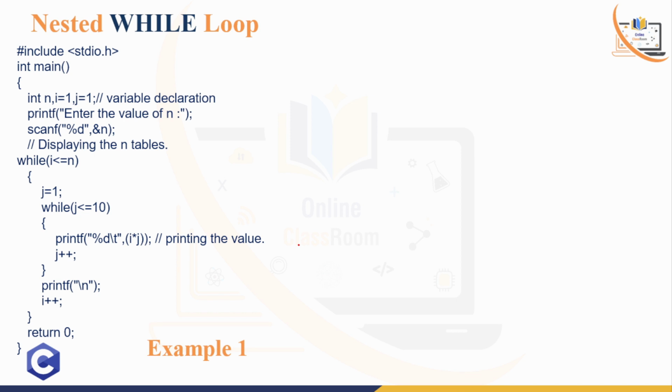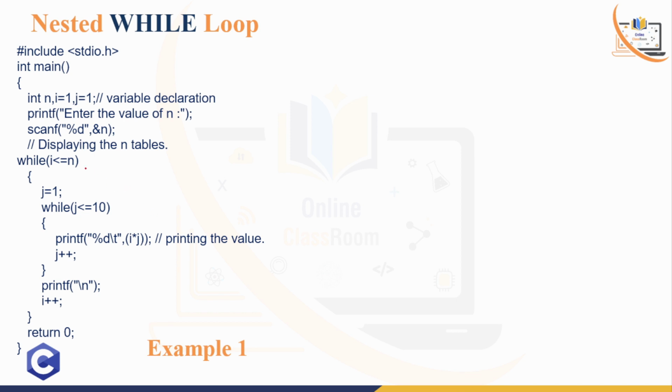Basically the same working policies are there, but the writing style is different, because we all know that in a for loop, the first one is the initialization, the second one is the condition, the third one is the increment or decrement, right? But in a while loop, it's not possible.